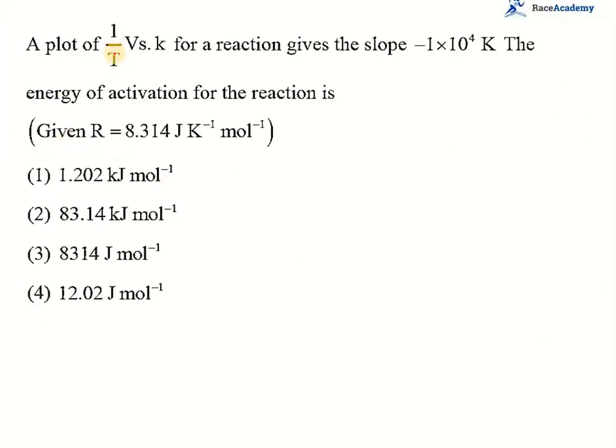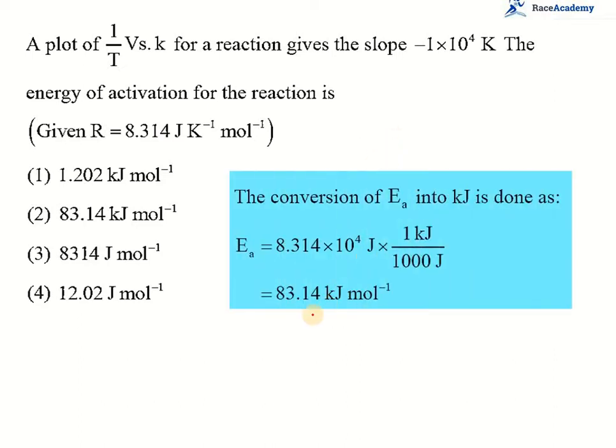Next, a plot of log k versus 1/T for a reaction gives slope of minus 1 into 10 to the power of 4 Kelvin. The energy of activation for the reaction is, they have given the R value also. R is equal to 8.314 joule per Kelvin per mole. If you observe the Arrhenius expression, k is equal to A into e to the power of minus Ea by RT.